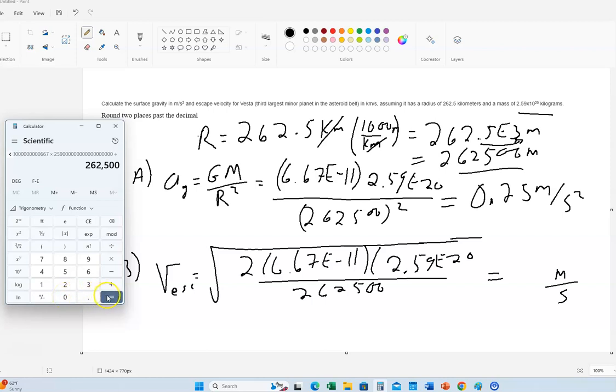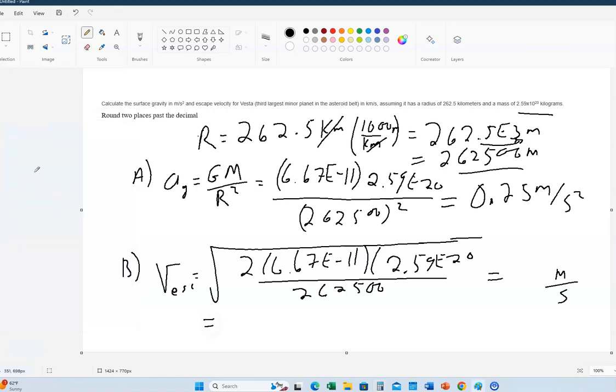All right, so that's going to equal, and then we take the square root. It turns out to be 362.7, 0.8, something like that. So it would be 362.8 roughly. I'm just, of course, that's in meters per second.